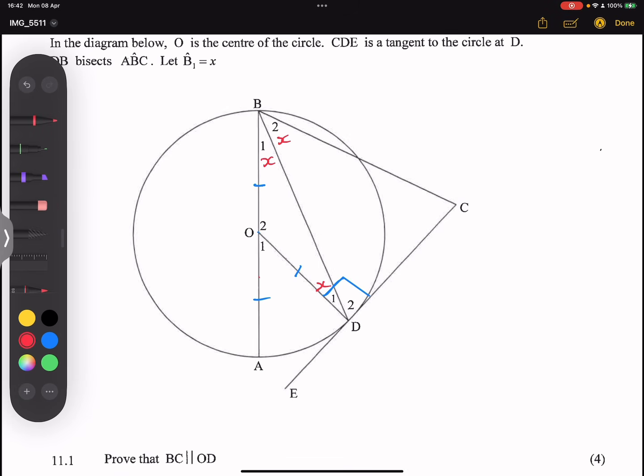So O1 is equal to 2x, because it will be B1 plus D1, those two being equal to each other. That's an exterior angle of a triangle. Alternatively, you could also use angle at center is twice angle at circumference, seeing as it's subtended by that chord AD. When you get to the center, we've got O1. When you get to the circumference, we get B1. So you could also use that theorem there.